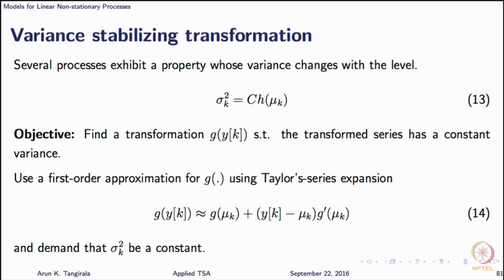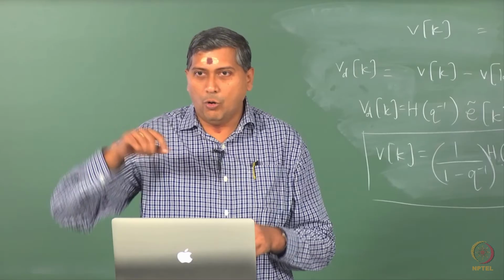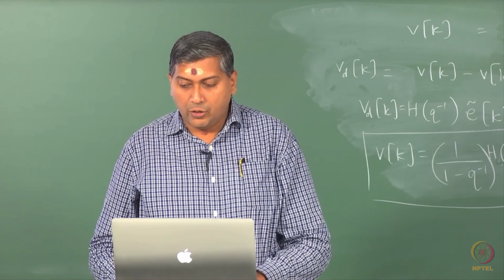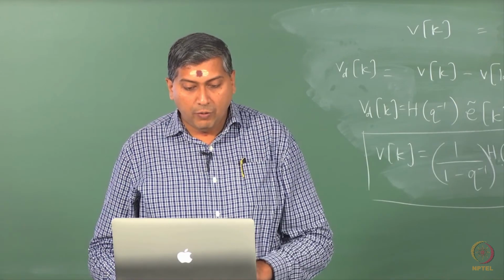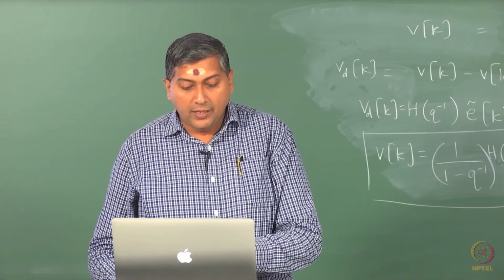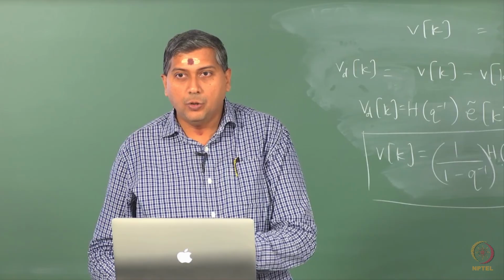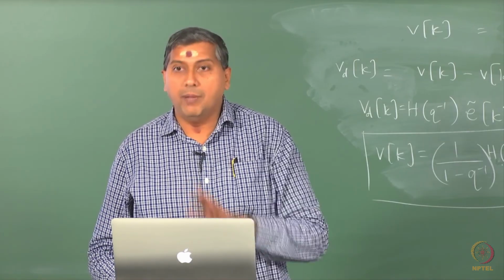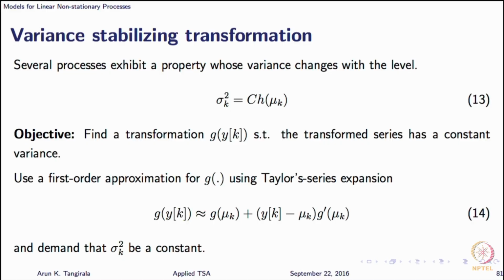We construct a first order approximation using Taylor series expansion of G of yk around the local mean, and that is what you have in equation 14. What we want is the variance of G of yk to be independent of the mean, or independent of time; it should be constant.